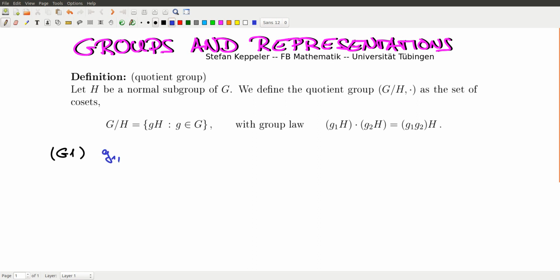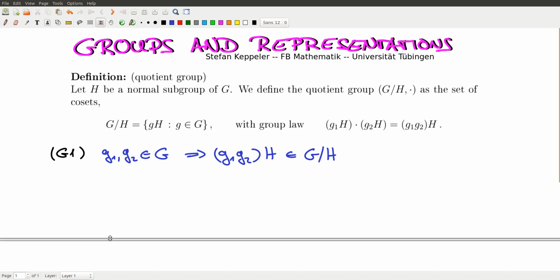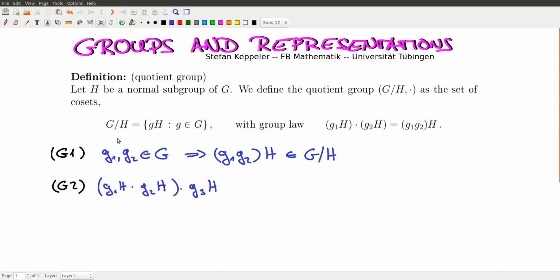If we take two elements, g1, g2, in our group, then g1g2 times H is of course again in the quotient group. It's a coset. What about associativity? Well, we get that from associativity of the group.